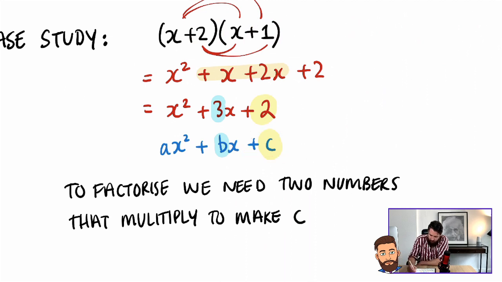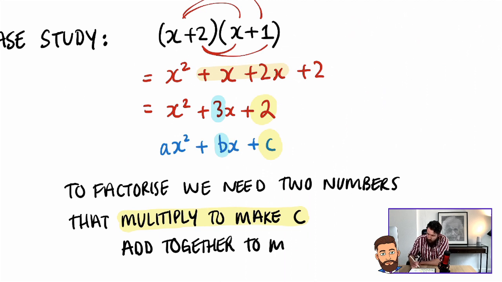We're going to highlight that. We need two numbers that multiply to make c and add together to make, and hopefully you're already saying out loud, b. Yes, 2 add 1 is 3. That is b. The coefficient of x is b.